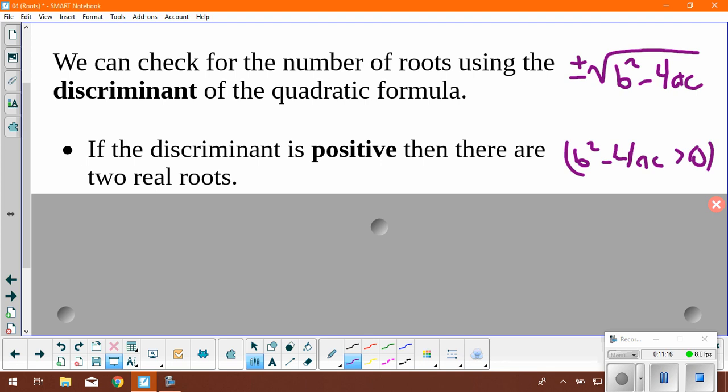Hopefully that shouldn't be too surprising, because in the formula we had negative b plus or minus. So if this is a positive amount, some quantity like 1.5, 2, 700, you're adding or subtracting that quantity. That's what gives you the 2 different options for a root.